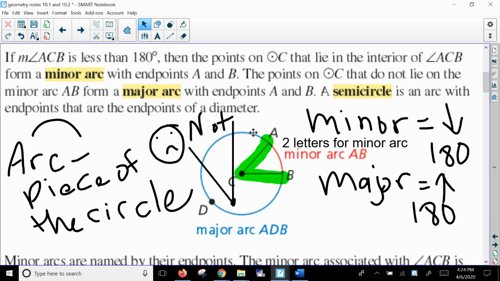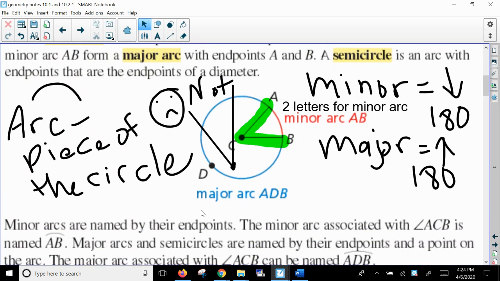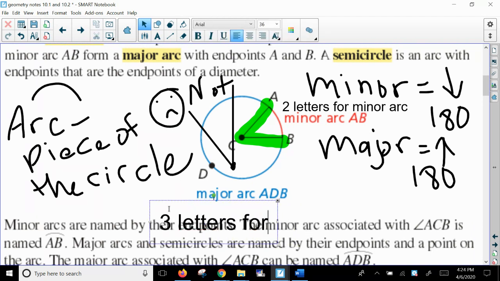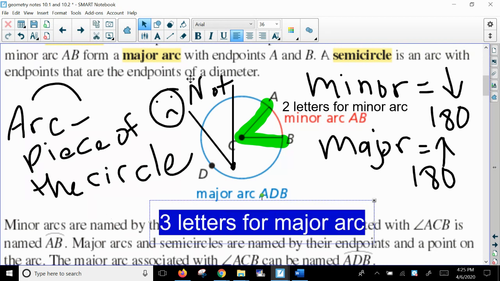See the blue portion of the circle? That's more than 180 degrees. Okay, so that's a major arc. You always want to name a major arc with 3 letters. I'll type that in for you. 3 letters for major arc.